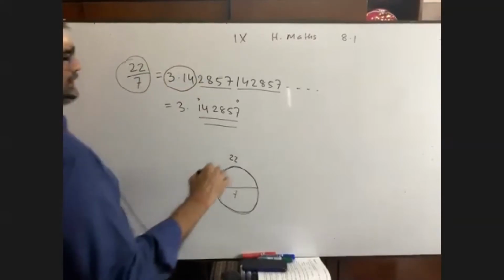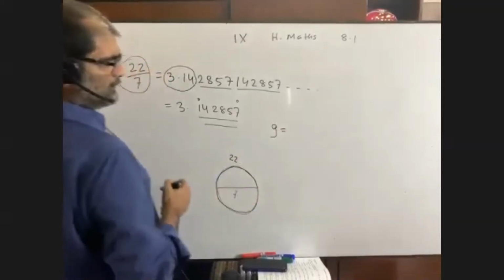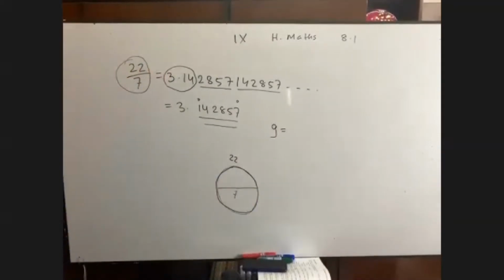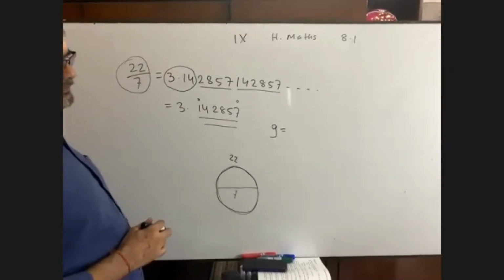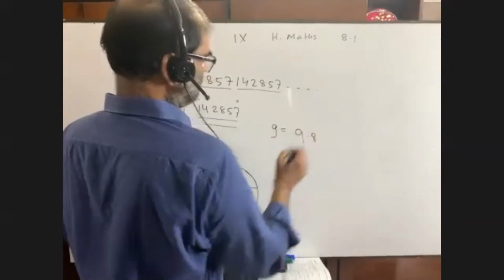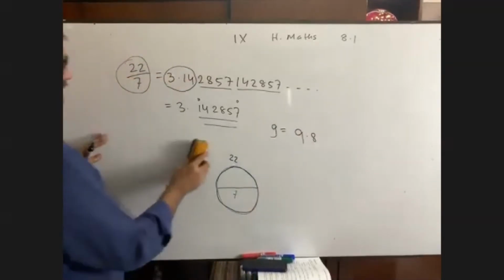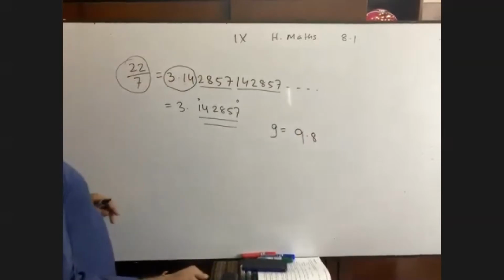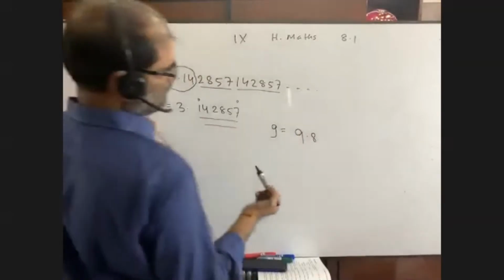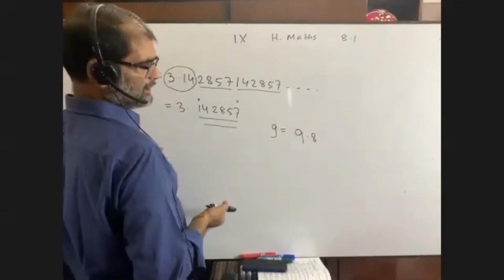Can you let me know, g equals to what in physics? 9.8, but it varies, right? Yes, sir. It can be 9.78, 9.8, 9.81 like this.